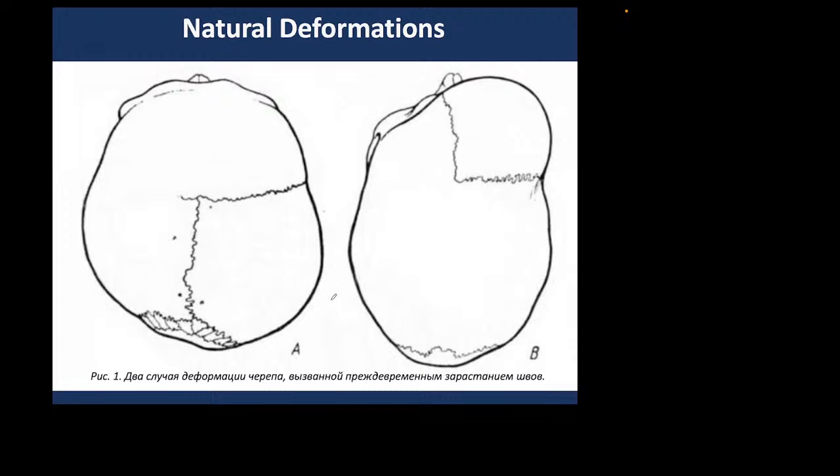Here there are two pictures produced by Professor Bystrov, and here is the craniostenosis, here is no coronal suture, and as a result the growth of the right part of the neurocranium is bigger than the left one.